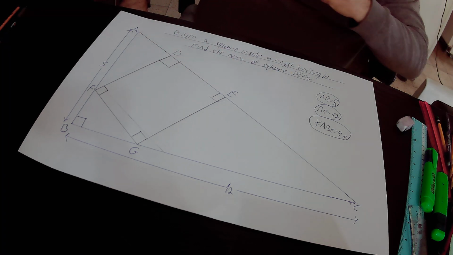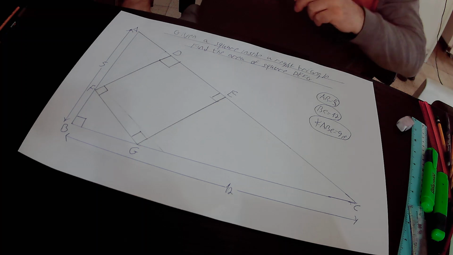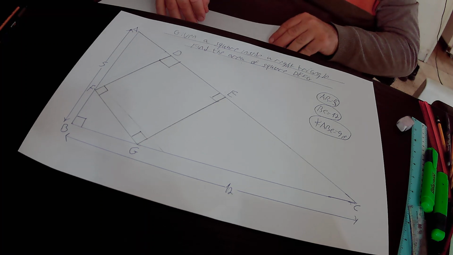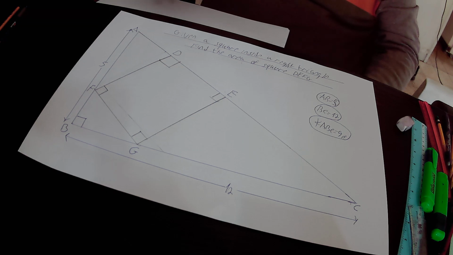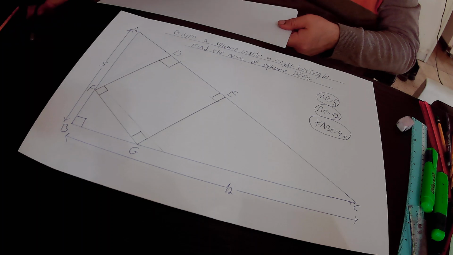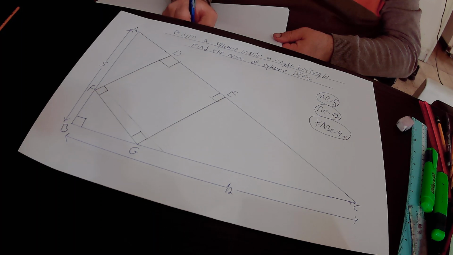Okay, so first of all, we find out the length of the hypotenuse AC in this right triangle ABC. We'll use the Pythagoras theorem to find the length of the hypotenuse AC. So in the right triangle ABC, by PT, an abbreviation for Pythagoras theorem.